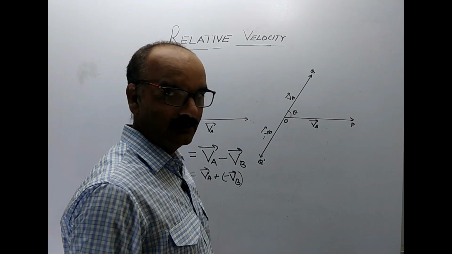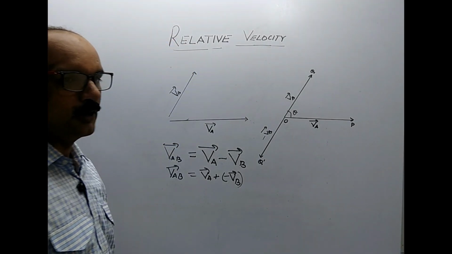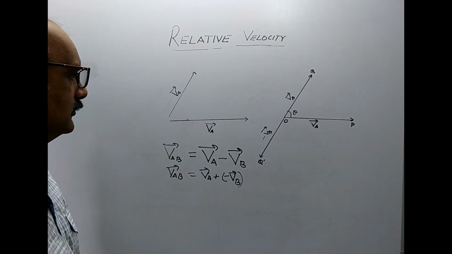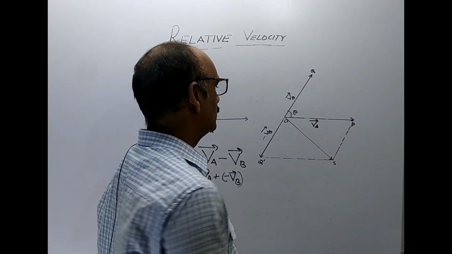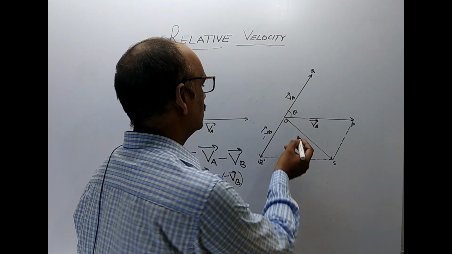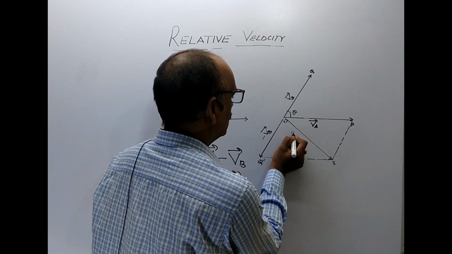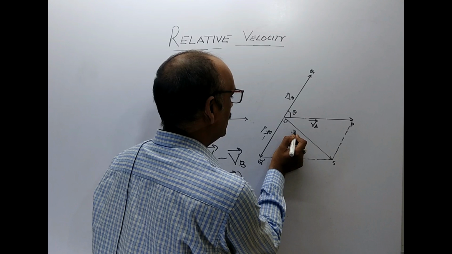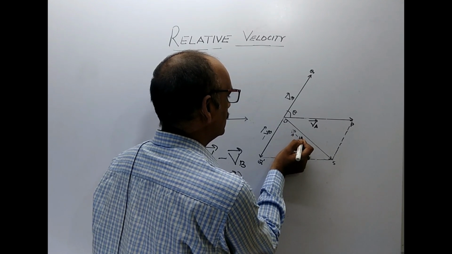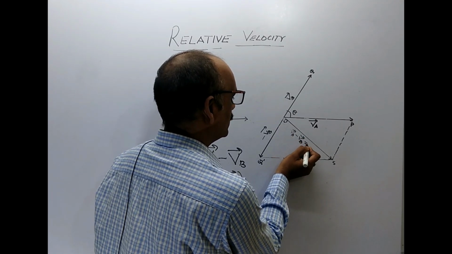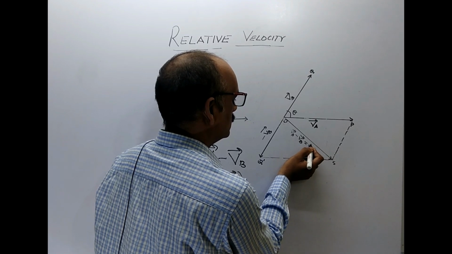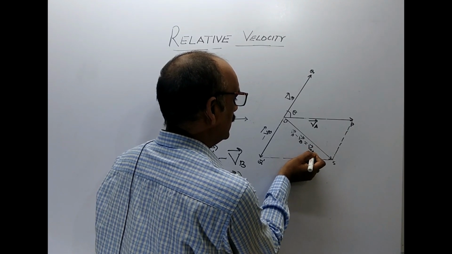Then applying parallelogram law of vector addition, this OS will be the vector VA minus vector VB, and that is equal to VAB.